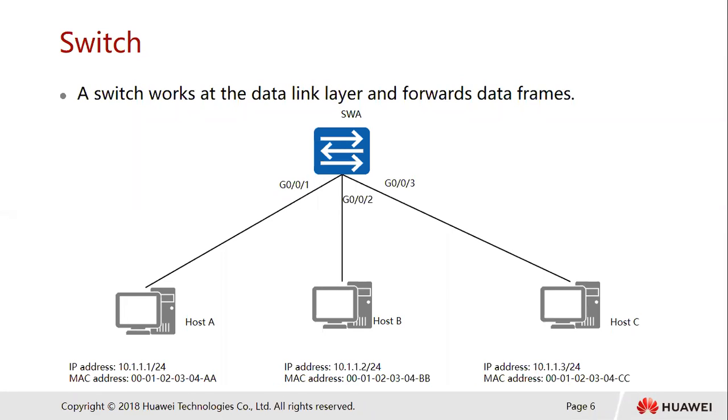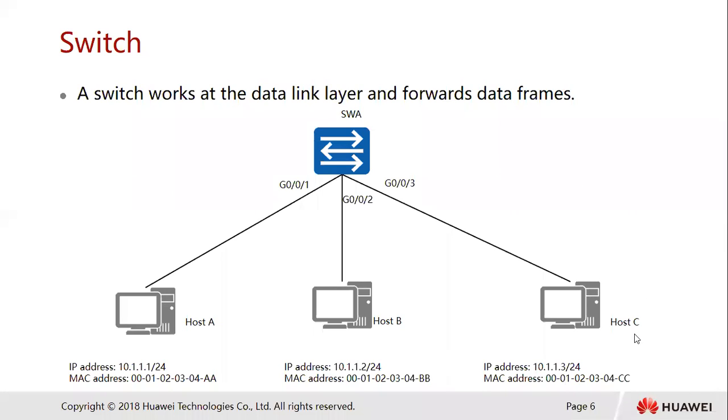It is followed by the data link layer. So one of the devices that you find in the data link layer is a switch, okay? And of course, what type of PDU are we dealing with when we are in the data link layer? We are dealing with frames, okay?